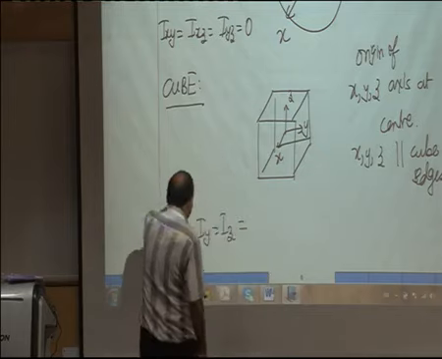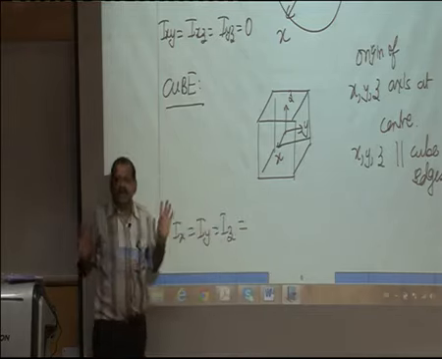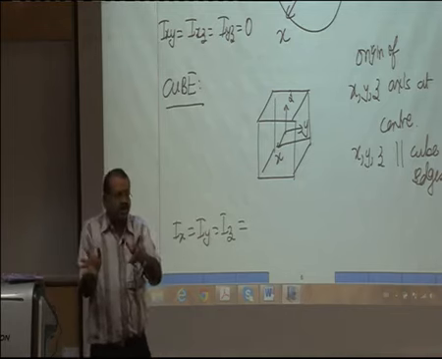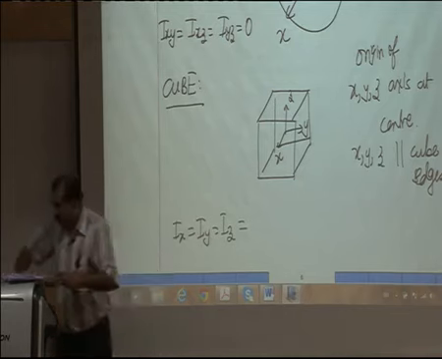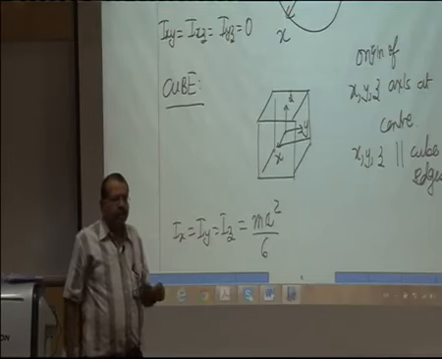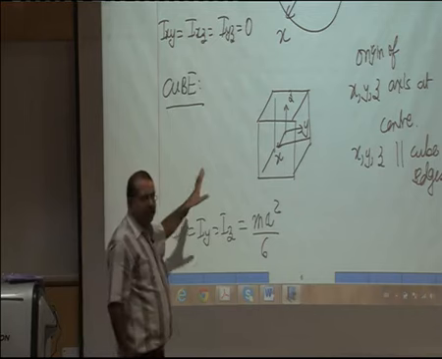Now, about these axes, obviously Ix, Iy, Iz have to be the same because they are mutually perpendicular to the parallel edges, and this is equal to, if this is made of a regular material, which obviously it has to be if we are talking of symmetry, then it is given as ma square by 6, where a is the length of an edge. Okay, this is about the center.